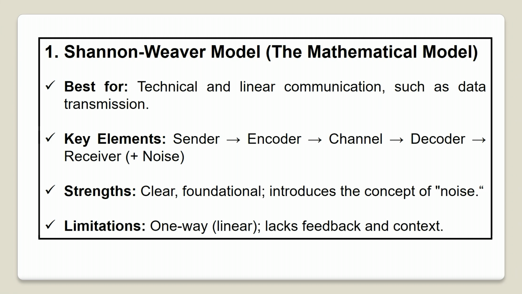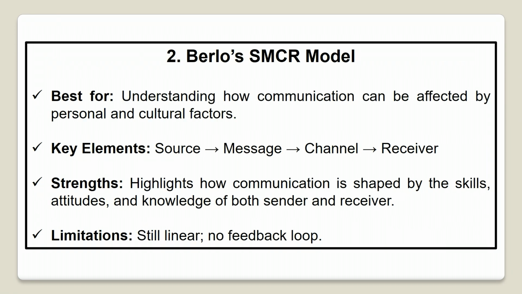Model number 2 is Berlo's SMCR model. It is a very famous model, famous for its four words: SMCR means source, message, channel and receiver. That is the full form of SMCR, and what is it best for? It is best for understanding how communication can be affected by personal and cultural factors.